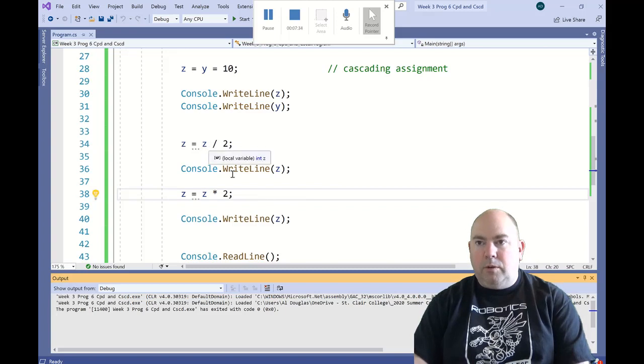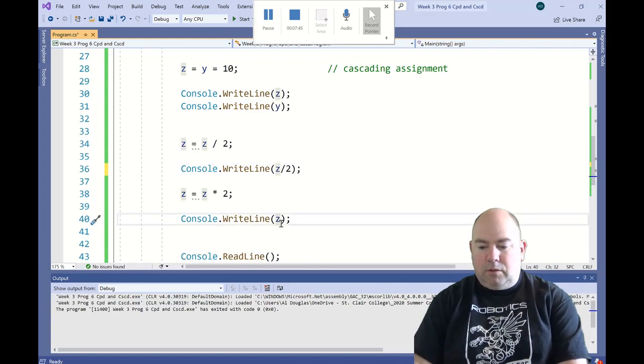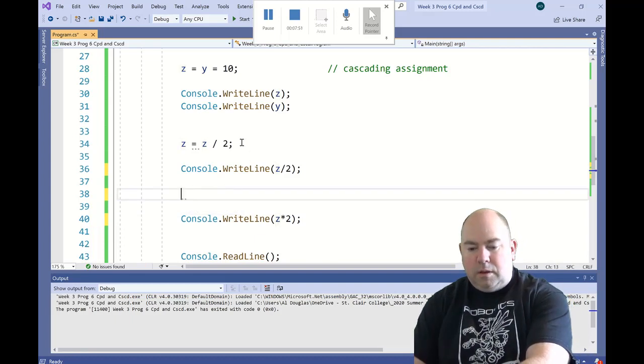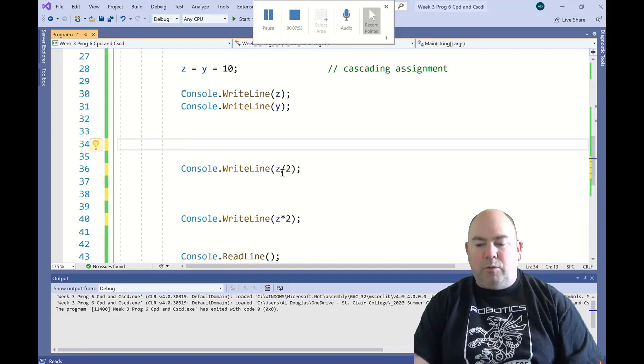Now what I can also do is put this directly in here. I'll show you. So I can put the operators directly in the write lines. Now you're going to see a little bit of a difference here though. So let's look at what we're getting.